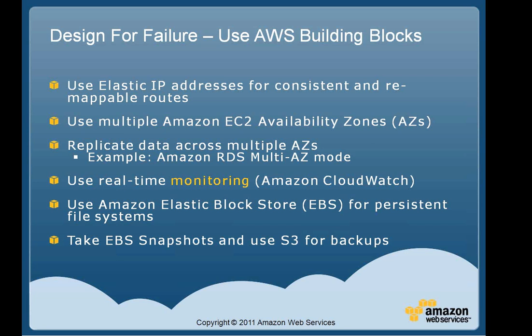This brings up the point of how to replicate data across multiple AZs, and there are a couple of ways of doing it. If you have a database, for example, you can set up slaving or replication into a database installation in the other AZ. Another example is the Amazon Relational Database Service multi-AZ mode, which basically, as Jeff describes, puts a master and a replica in different availability zones.